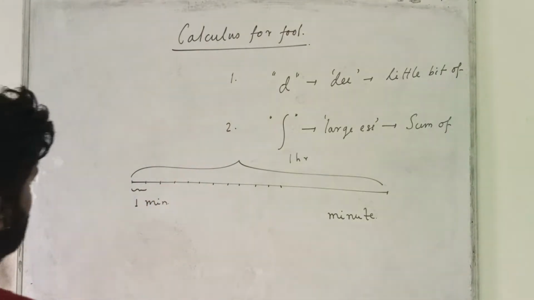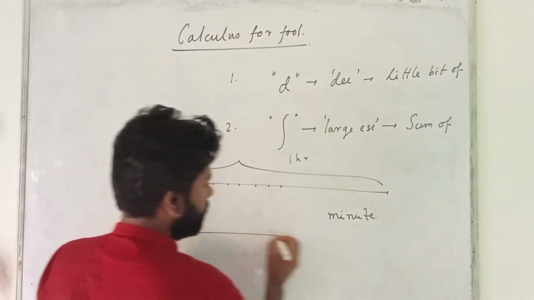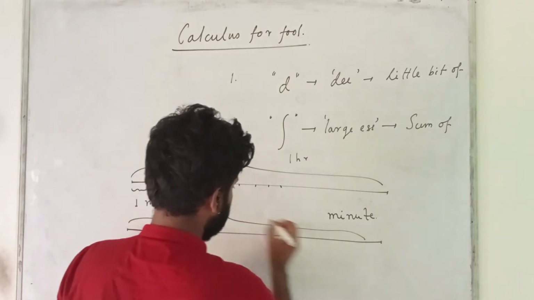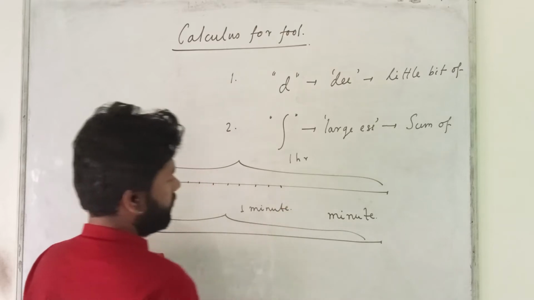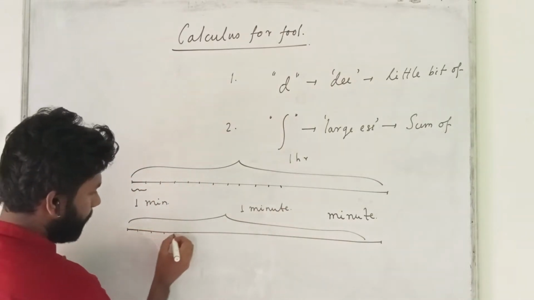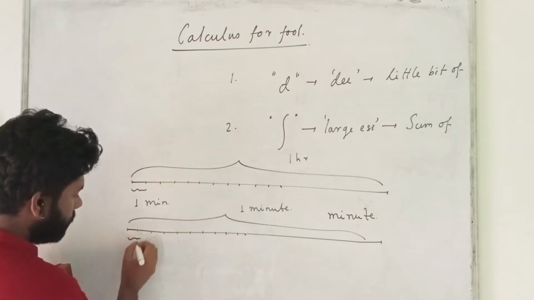And what is the second actually? If we have a span of time of 1 minute and you cut it in 60 equal small parts, one part of this is called 1 second.